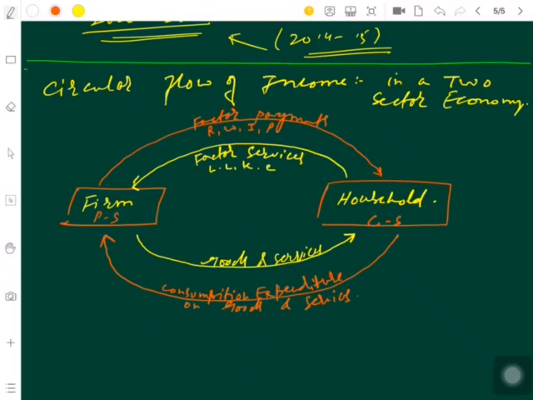This is a very simple, very small model we are talking about. The firm will provide goods and services to the household. Household will buy those goods and services and make a consumption expenditure on those goods and services. The household will provide factor services, land, labor, capital, and entrepreneur to the firm.